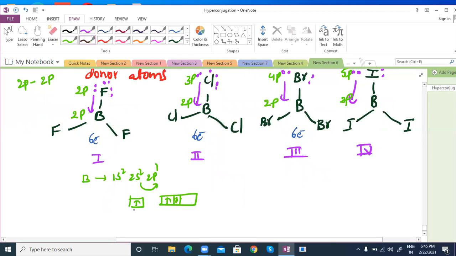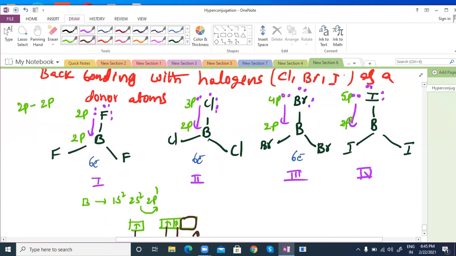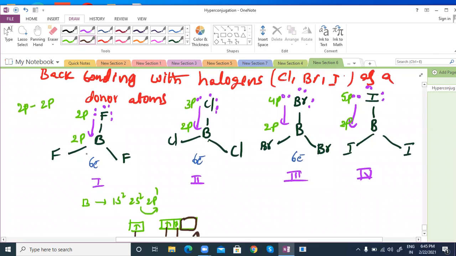Here there are three fluorines, but still one empty orbital is there. It can accept a lone pair of electrons from fluorine into the vacant orbital. So maximum back bonding is in the first case. The reason is that 2p and 2p orbitals have the same energy, so they can overlap easily.